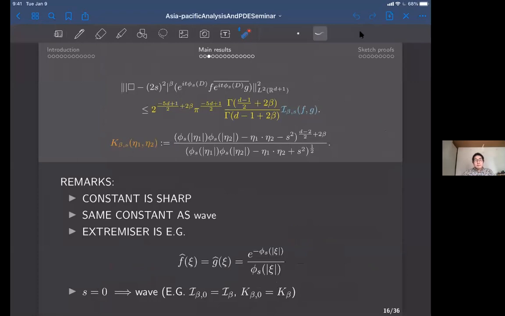Then, so I put our result, and then as a remark, first, this constant is sharp, and also this is exactly the same as what we've seen in the wave case. In other words, it doesn't depend on s.